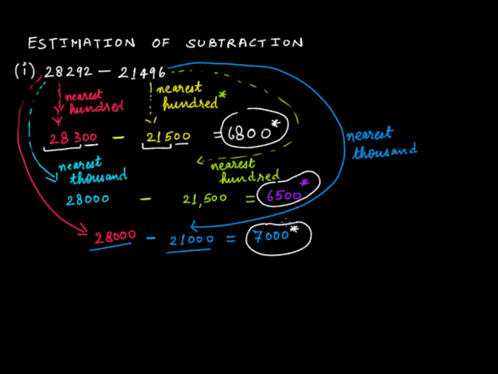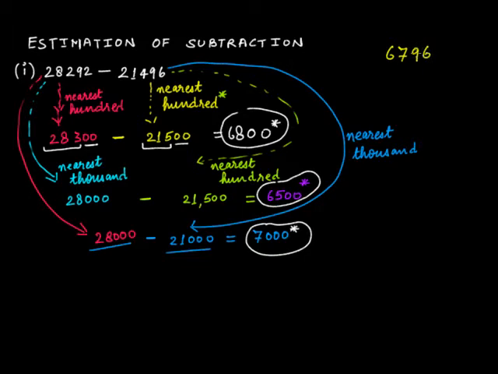Now you have this one estimation, the second estimation, and this is the third estimation. You have three estimations, and all these possible ways were quite easy to calculate. But as we said, more than one estimation is possible, and we have to take the most reasonable one. The accurate value of this subtraction is 6,796.